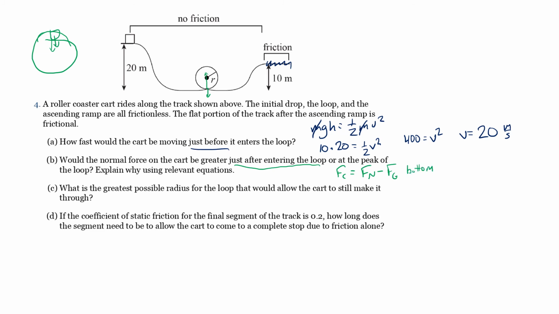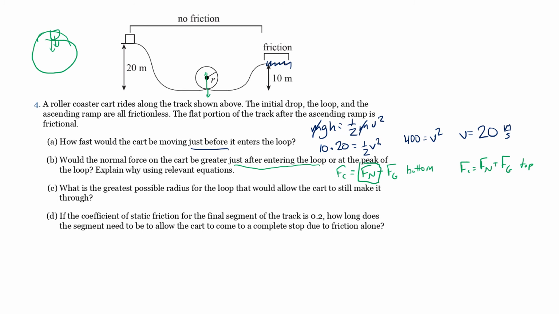And at the top, your force centripetal is going to equal force normal plus your force of gravity. Which means that your force normal at the bottom has to be bigger because you're subtracting gravity from it. And that's it. All right, next one.